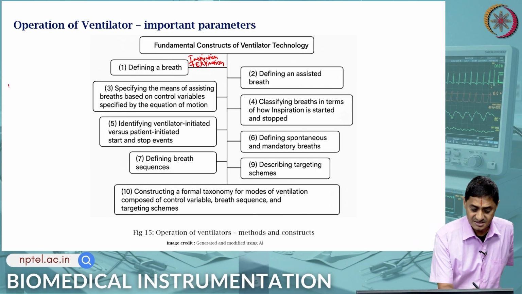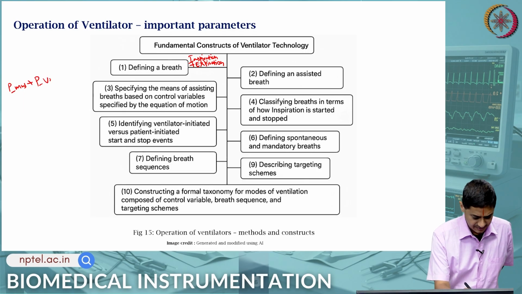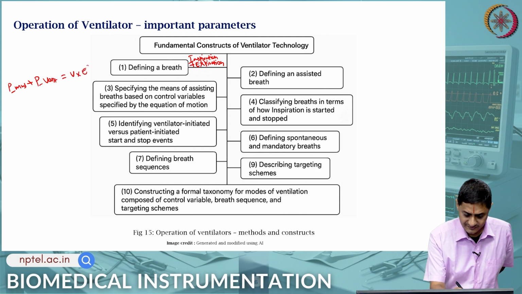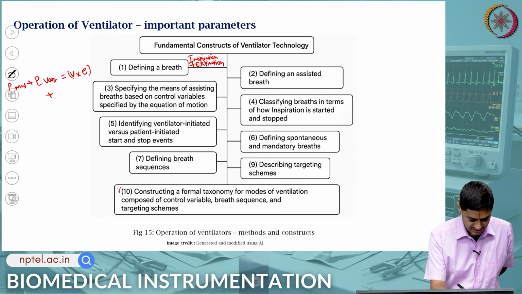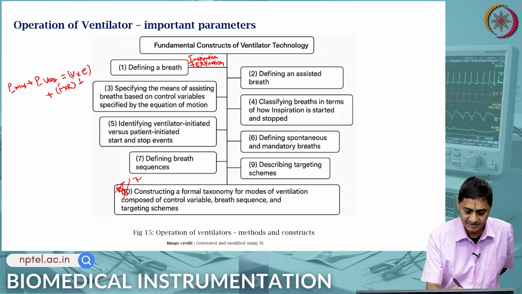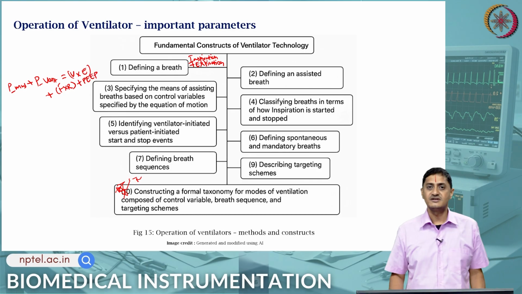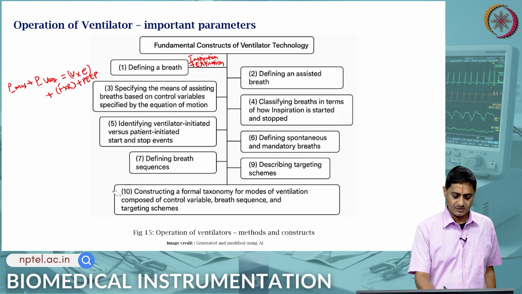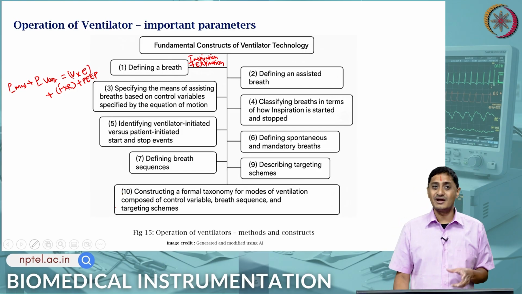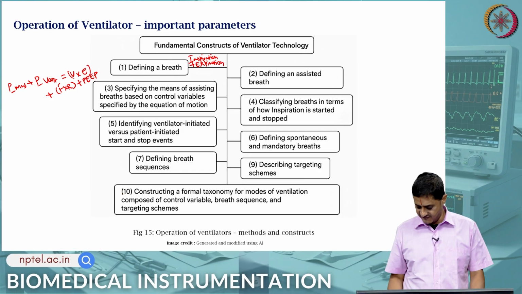We said that this is P muscle plus P ventilator is volume times the elastance plus flow times the resistance plus the auto PEEP that is there, plus, let us say, PEEP. What is PEEP? Positive end-expiratory pressure. Okay. This is the governing equation. We saw this in one of the previous videos, is it not?